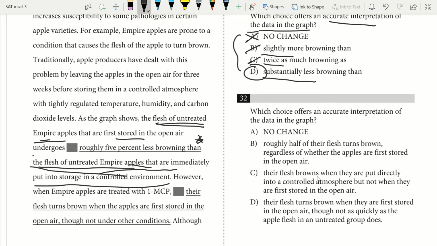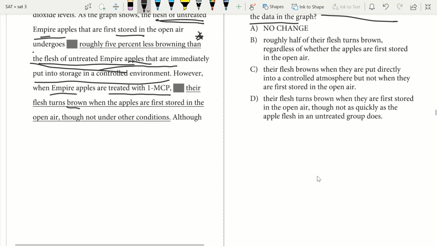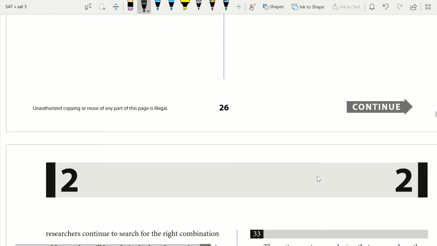Okay, however, when Empire apples are treated with 1-MCP, their flesh turns brown when the apples are first stored in the open air, though not under other conditions. And we're asked again for an accurate interpretation of the data in the graph. So we're looking for Empire apples that are treated, and we're looking to compare the flesh browning of the ones that are first stored in open air and the ones that are not.